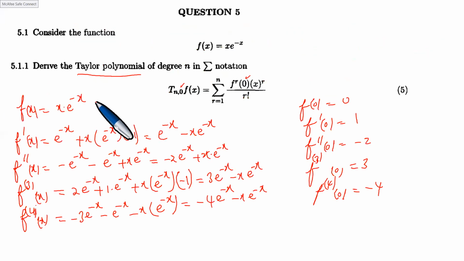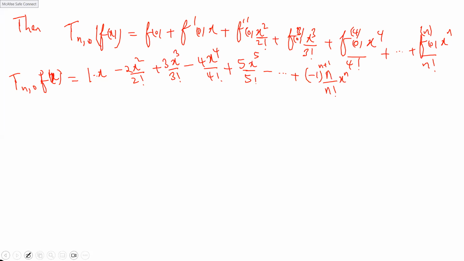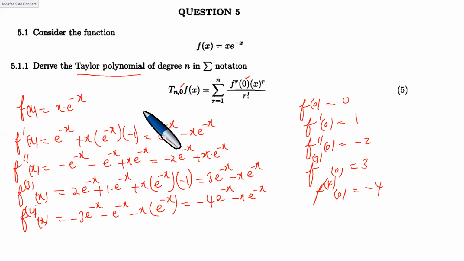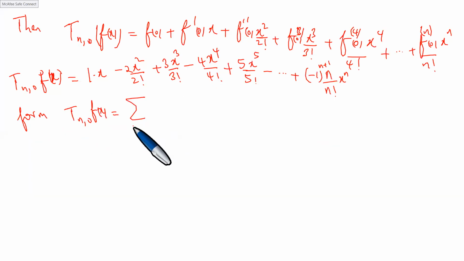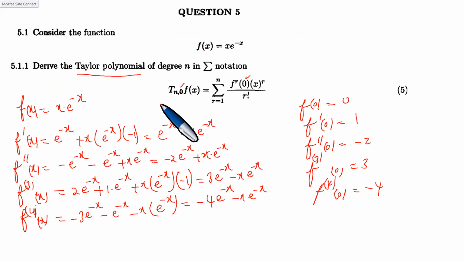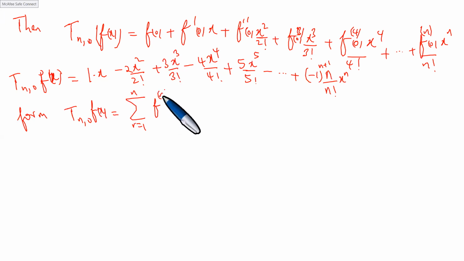So how far are we? Derive the Taylor polynomial of degree n in sigma notation like this. So it must be of the form, sum from r equals 1 to n of, hey, they even missed the brackets here.